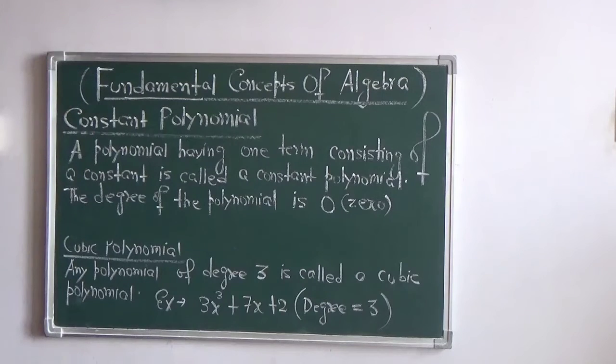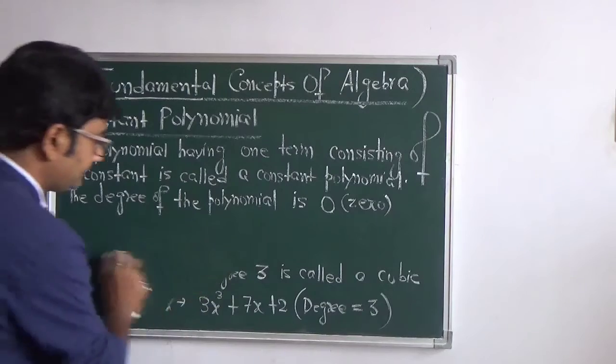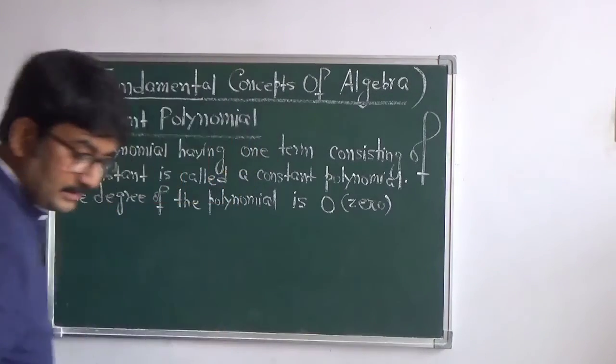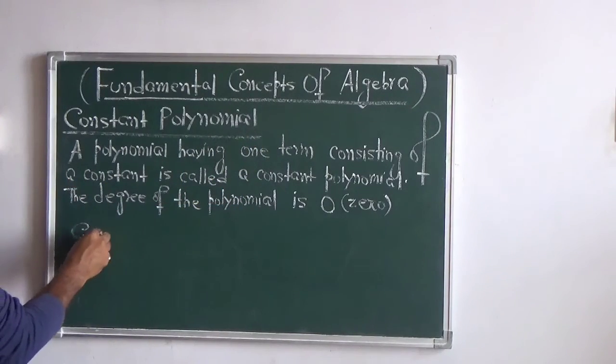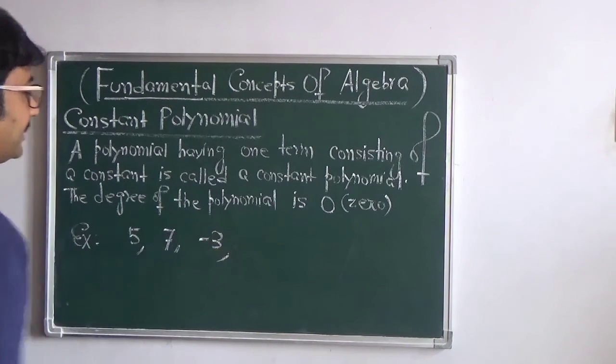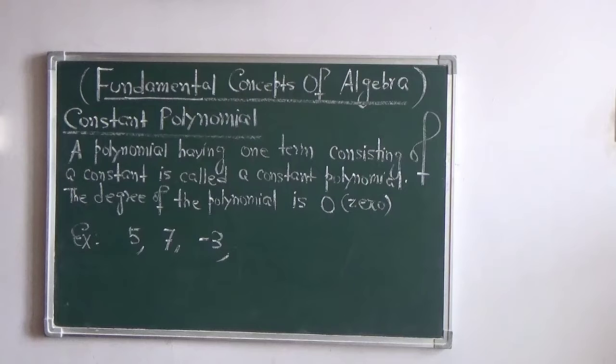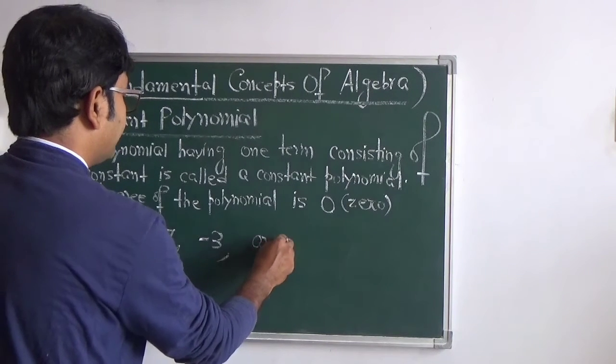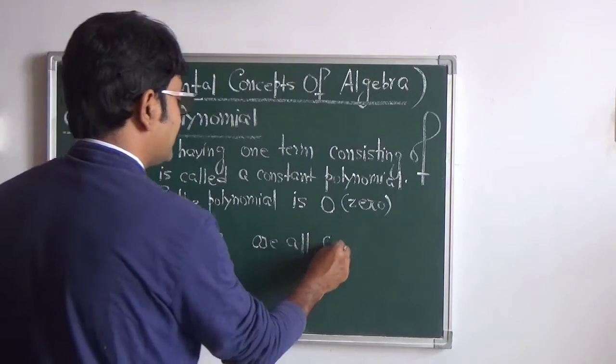A constant polynomial consists of only a single term, and that term is a constant. For example, any number like 5, 7, -3. Numbers like these are all constant polynomials.